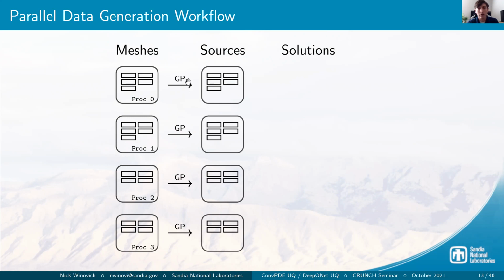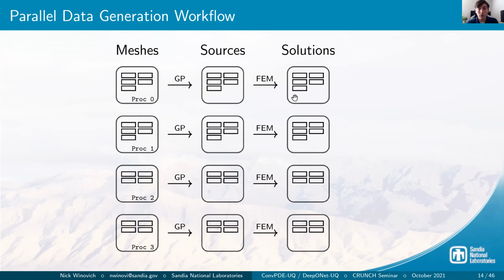Based on that, you can use a GP method, something like a Cholesky factor multiplied by a vector of unit normal variables to get the source terms, but then it's also important to project that onto the mesh. So there's this kind of dependency. You project that onto the mesh and then compute your solutions using something like Phoenix.